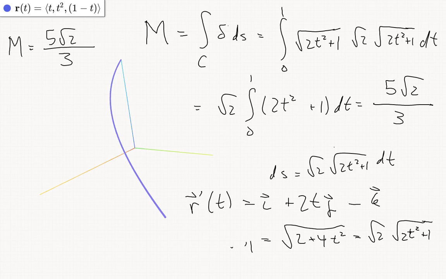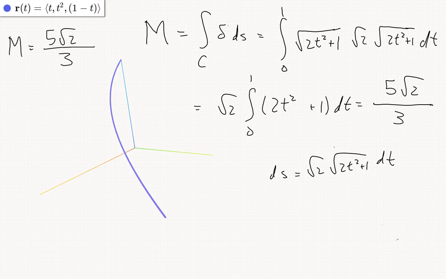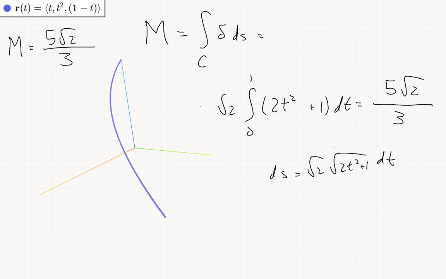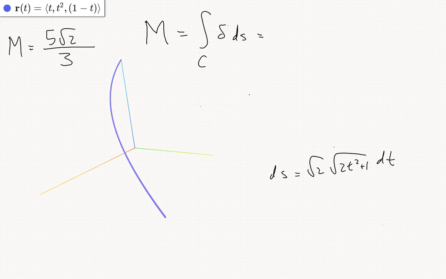Okay, then we need to do the moments. So the moments are going to be a pretty similar calculation, but now we'll multiply. So Myz will integrate x delta ds.